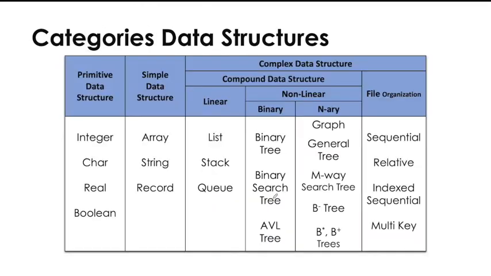Okay, so next we have the categories of data structure. We have primitive data structure, which includes integer, character, real, and boolean. And then simple data structure, the array, string, record, and so on and so forth. There are so much here.